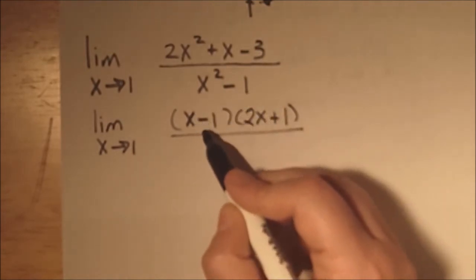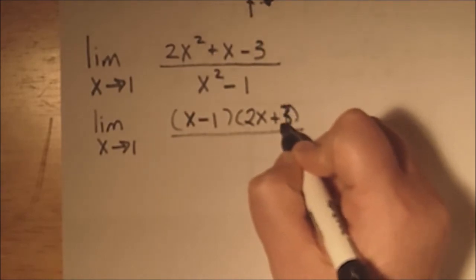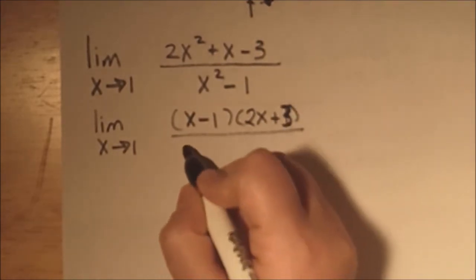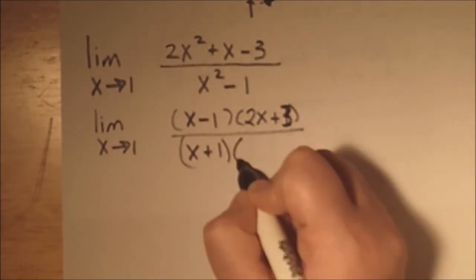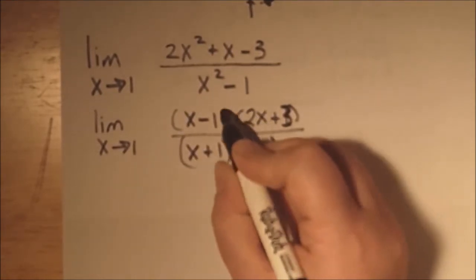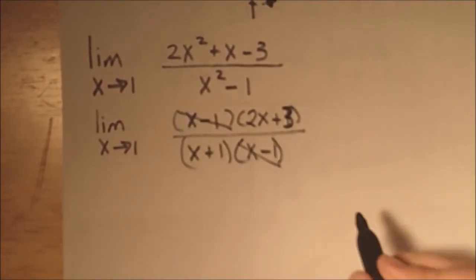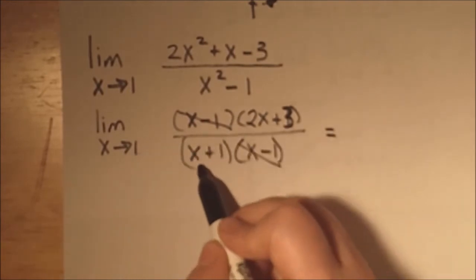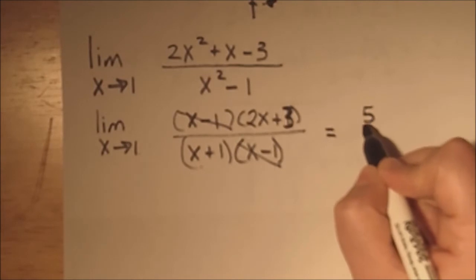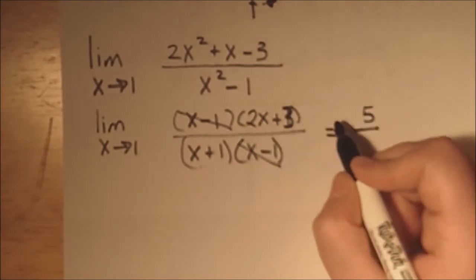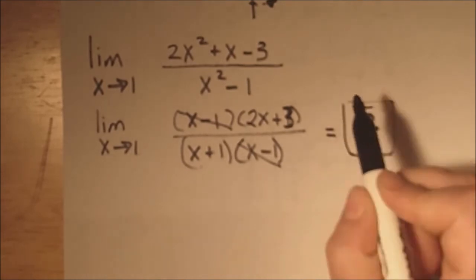And the denominator factors into x plus 1, x minus 1. So this will cancel. Then I can just plug in 1 for x, with the direct substitution property, and get 5 over 2 for that limit.